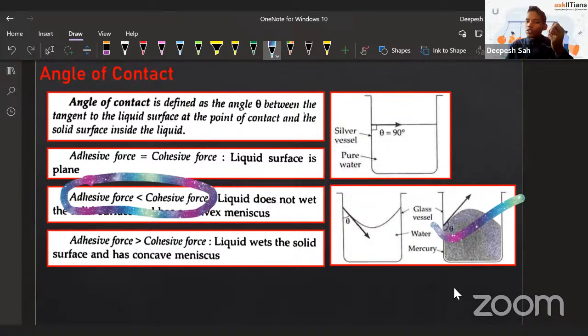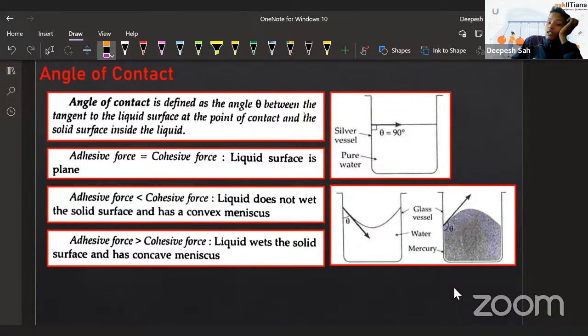So their cohesive force is strong, adhesive is comparatively weak. That's why mercury is not even wetting the container in which you are putting it. You will see a curve like this. This is known as convex meniscus. And the opposite goes on with water. When adhesive is more than cohesive, you will see a curve like this. Are you understanding my point?